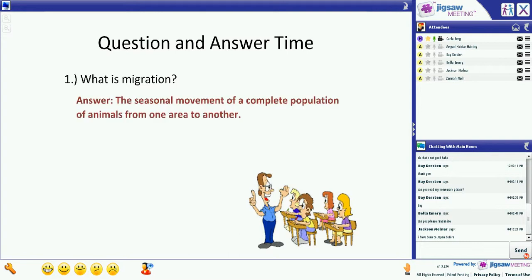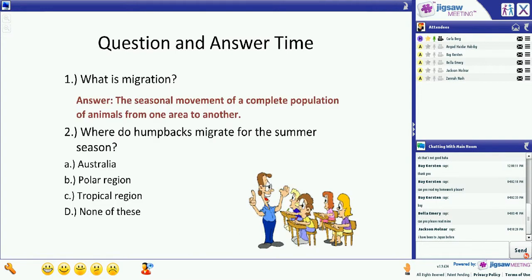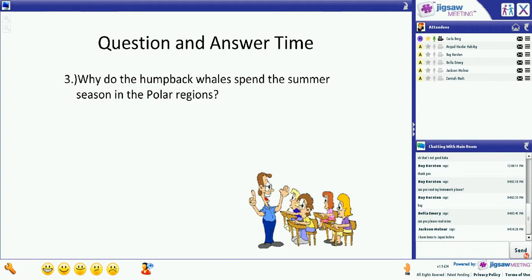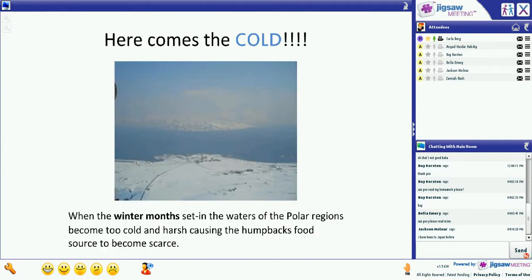Okay, we're going to flip through these because we've already done this. So then what happens is here comes the cold. The summer season is ending. And when the winter months set in, the waters of the polar regions become too cold and harsh, causing the humpback's food source to become scarce.